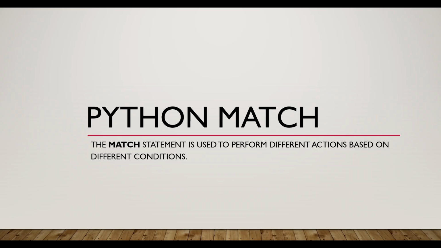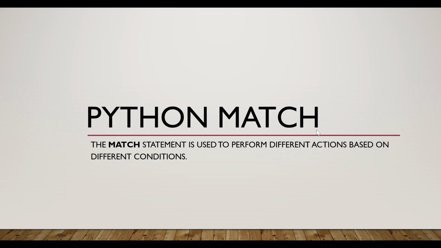That means, suppose we have weekdays, like Sunday, Monday, Tuesday. The weekdays we are indicating with numbers. So suppose one is the first day, Monday, second day is Tuesday, third day is Wednesday. Likewise, we are indicating weekdays with numbers.